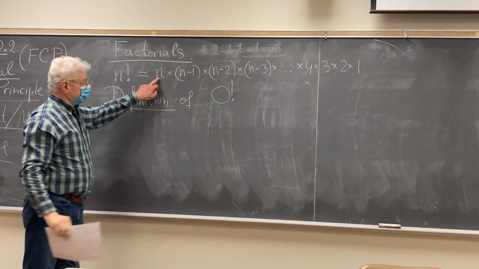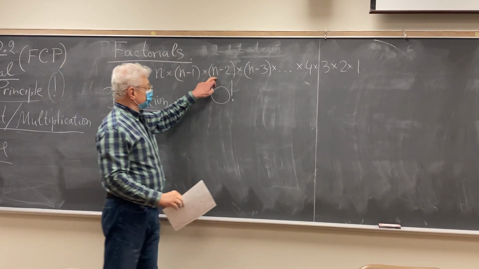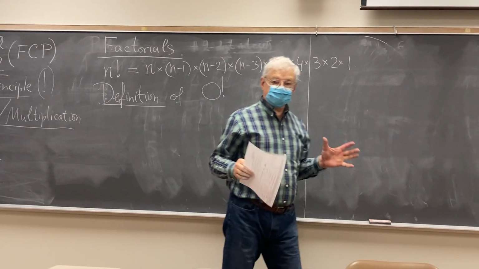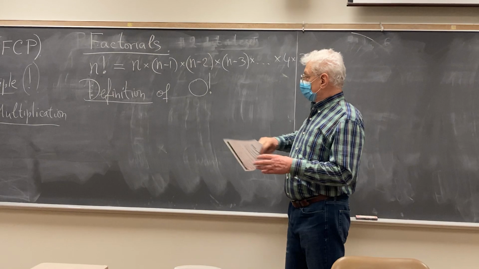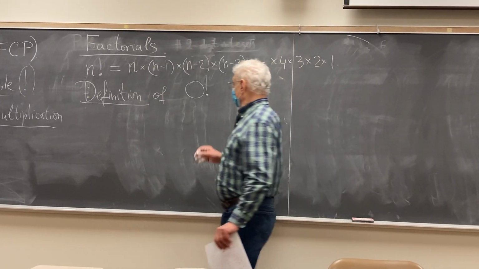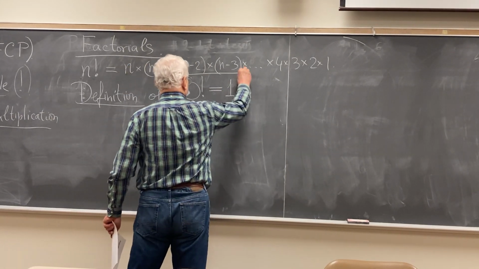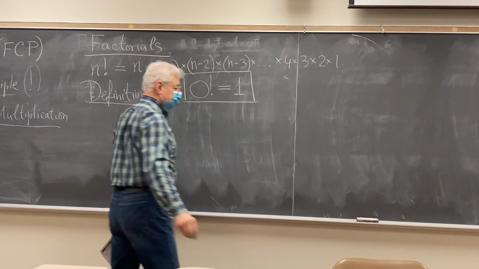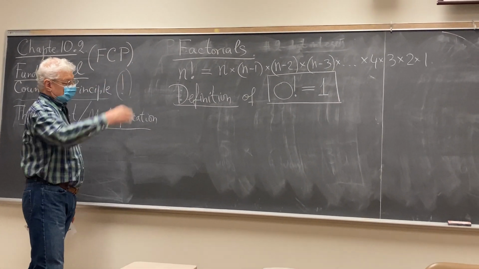If you put 0 here, 0 times negative 1, negative 2, negative 3, it doesn't make sense. All the numbers must be positive. So therefore, for 0 factorial, we have to give a special definition. Okay, remember that 0 factorial is just 1. It doesn't satisfy the common rule.